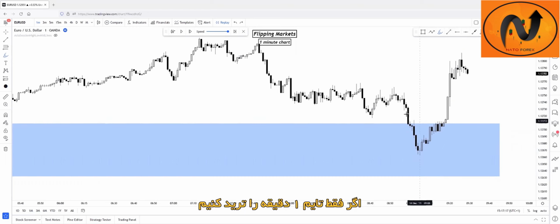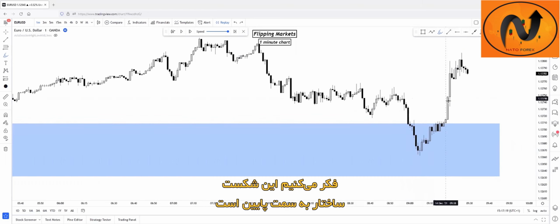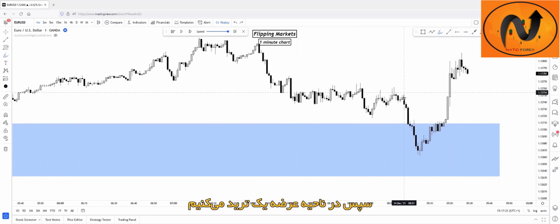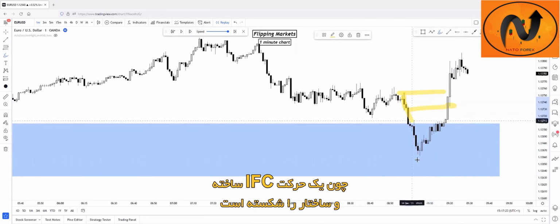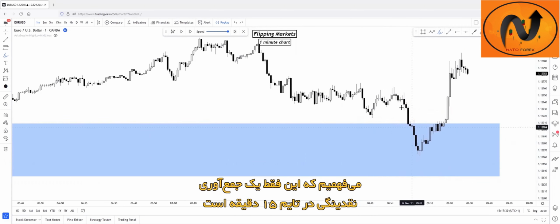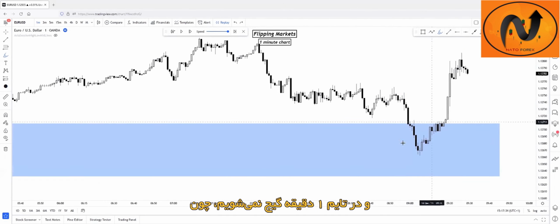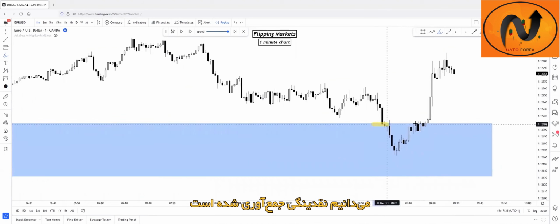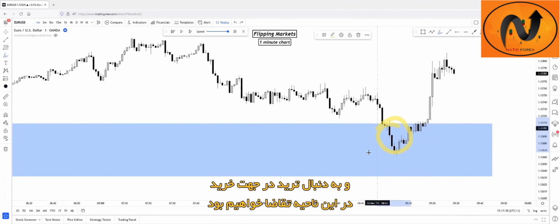If you're only trading the 1-minute chart, we will think that is a break of structure to the downside, and we will open a supply trade here because it created an inefficient movement and a break of structure. But we trade multiple timeframes, so we will know that this was just a liquidity sweep on the 15-minute, and it won't confuse us on the 1-minute, because we know that the liquidity has been swept, and we will look for long entries inside of this demand zone.